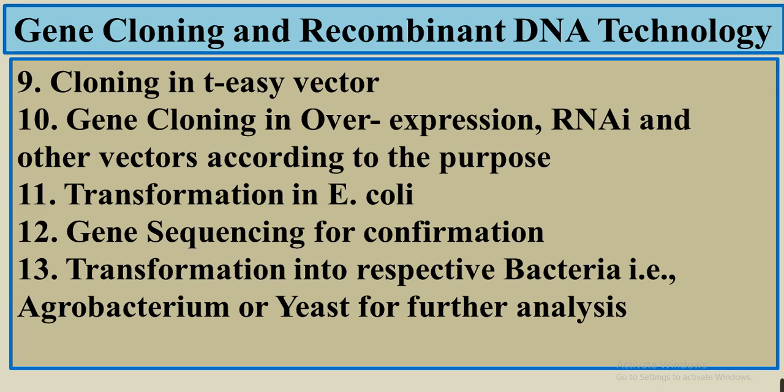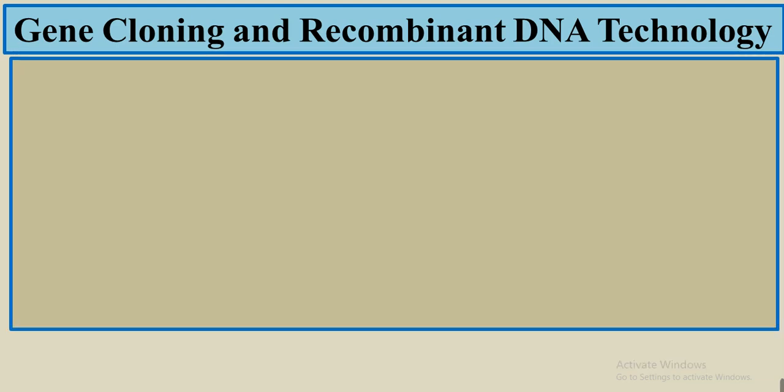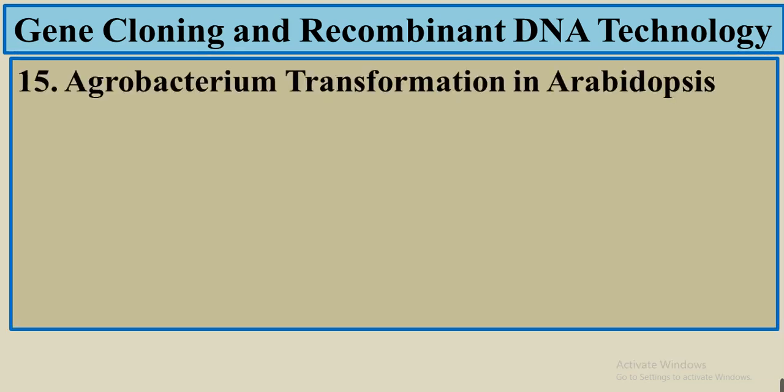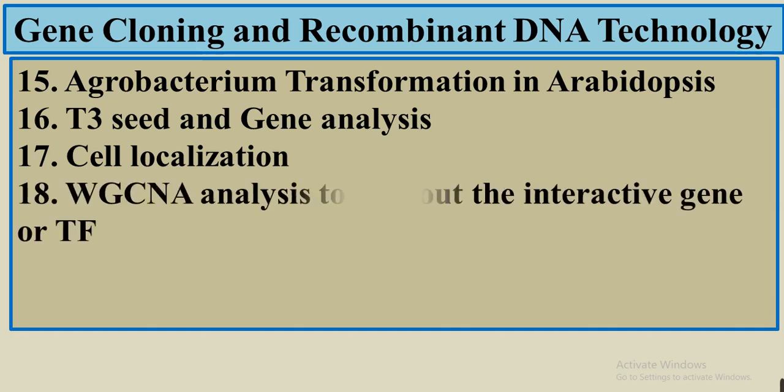Which method we have to use, how we can do that, and how we can transform into yeast and do the yeast assay analysis, and then how we can do the transformation in Arabidopsis as a model plant or in our respective plants through Agrobacterium, and then how we can select the transformed Arabidopsis seeds, and what type of gene analysis we have to do in Arabidopsis, and then cell localization, also for the characterization of the gene involved.